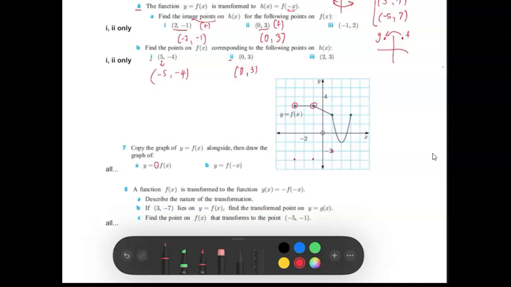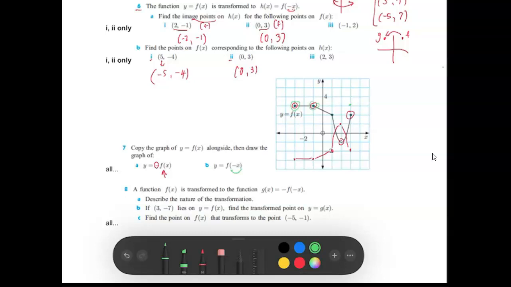And then I got this point here, and then this point here becomes this point here, and this point here becomes this point here. And so basically we end up with this upside down spoon, okay? And so that would be this here. And then for B, which is a horizontal reflection over the y-axis, I'm going to take this point here, and it's 3 to the left, so this will be 3 to the right.